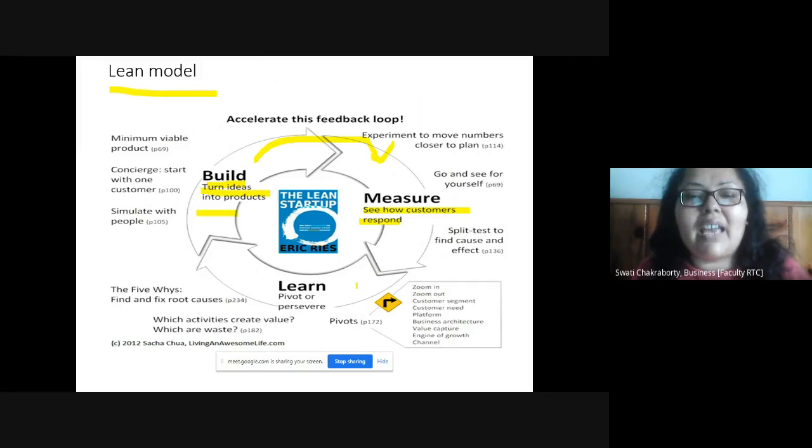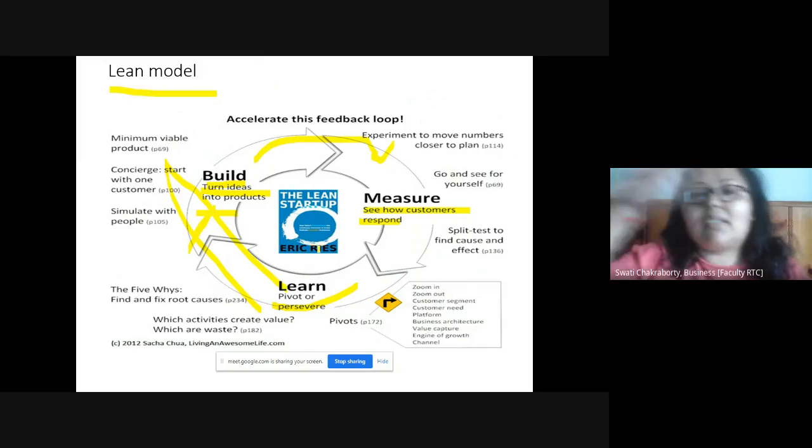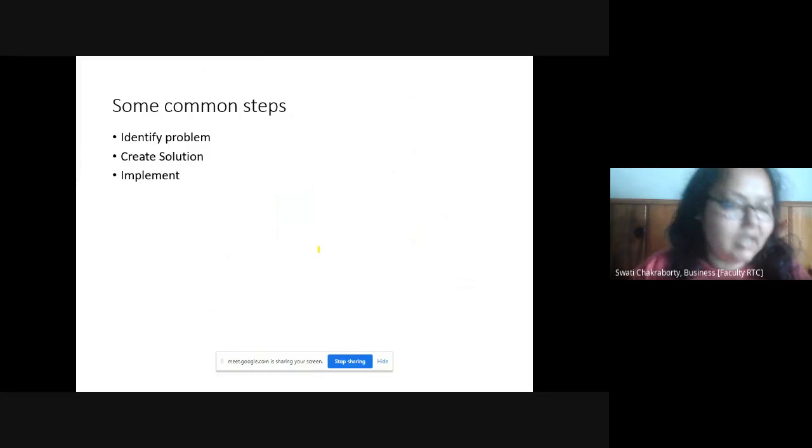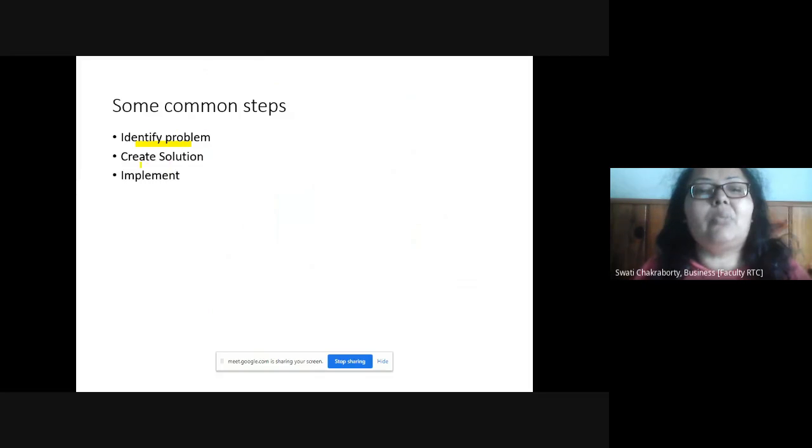And from there you learn which activities create more value, which are not, which are waste, and then you move ahead. So that's how it goes. Some of the common steps that we take for any of these measures are first identify the problem, then create a solution for it, and then implement it, and this process is cyclical.